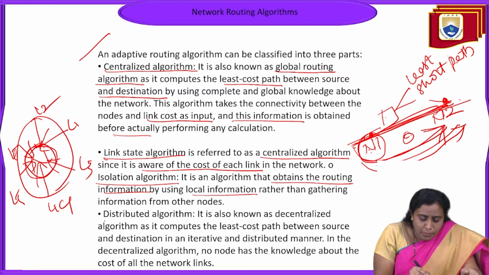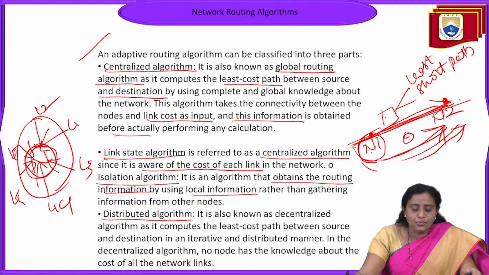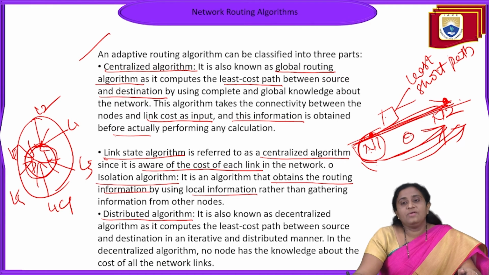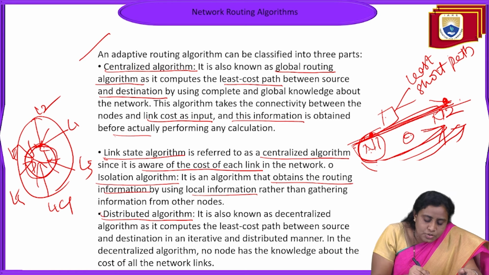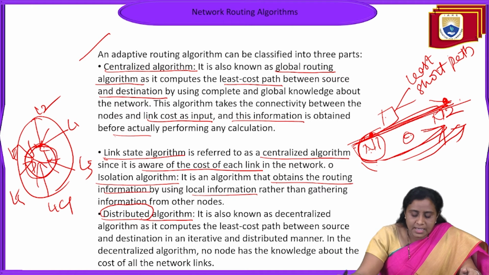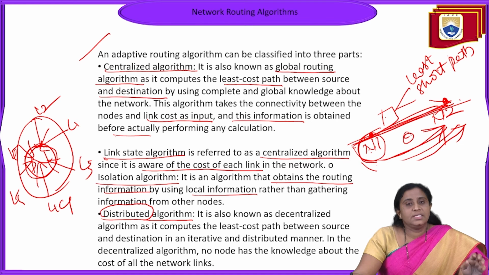So the fourth point of the adaptive algorithm is the distributed algorithm. Distributed means segregated. It is not centralized.